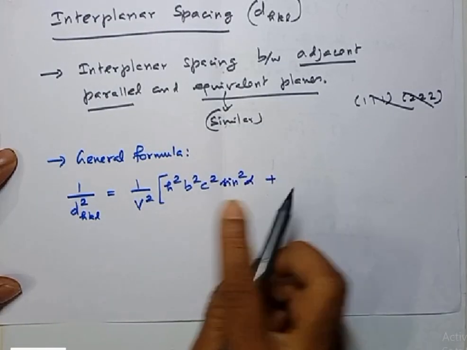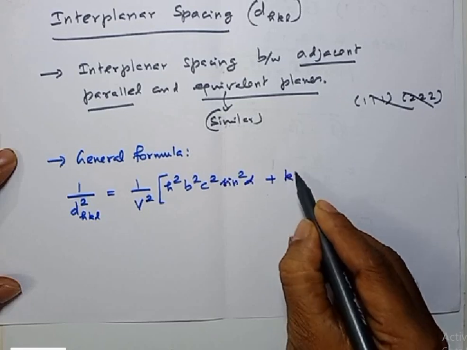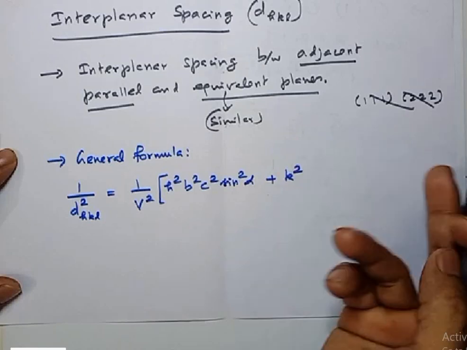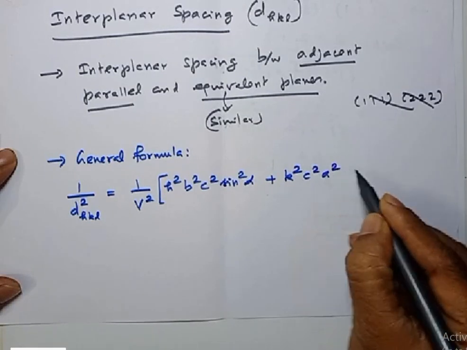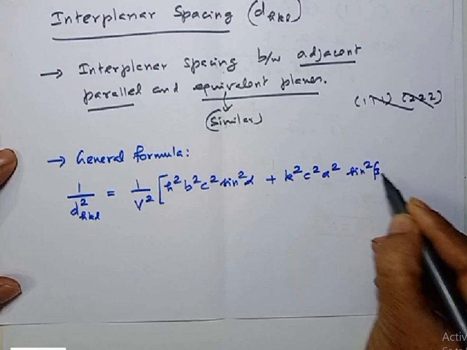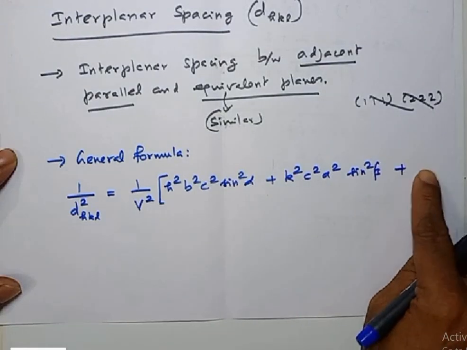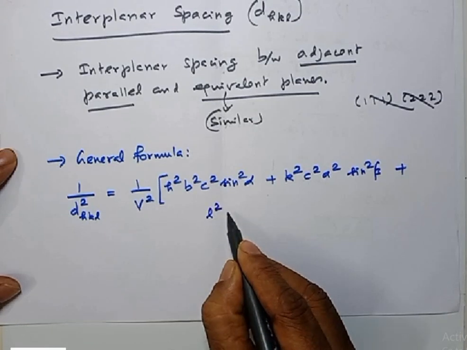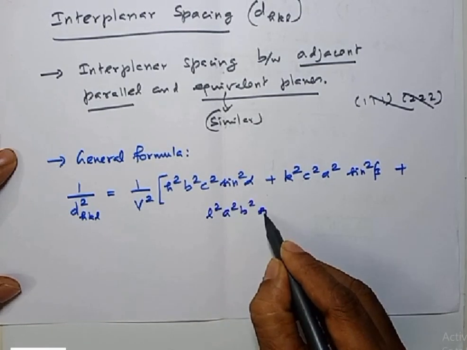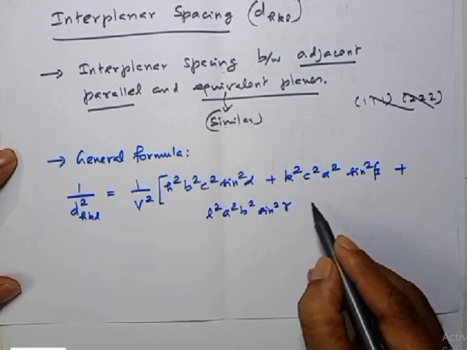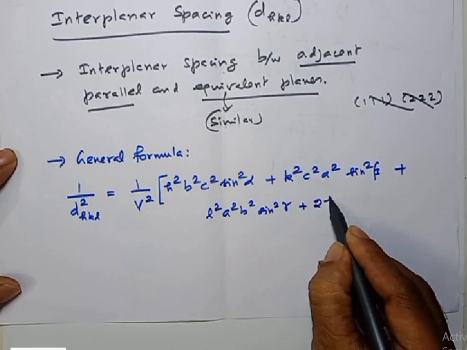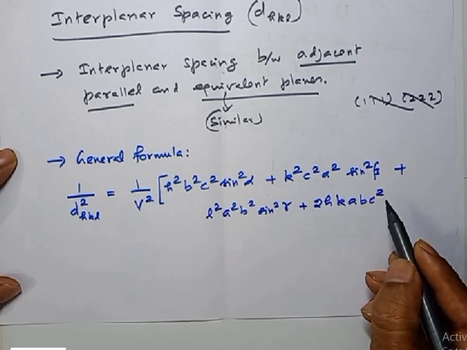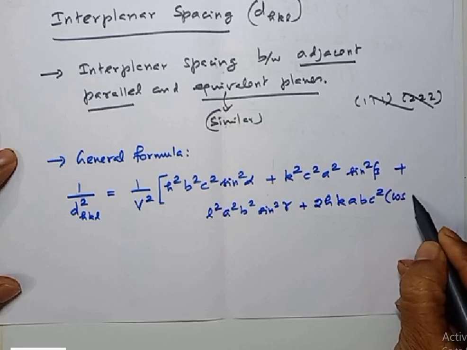Plus k square, with c square a square sin square beta, plus l square a square b square sin square gamma, plus 2hk a b c square into cos alpha.